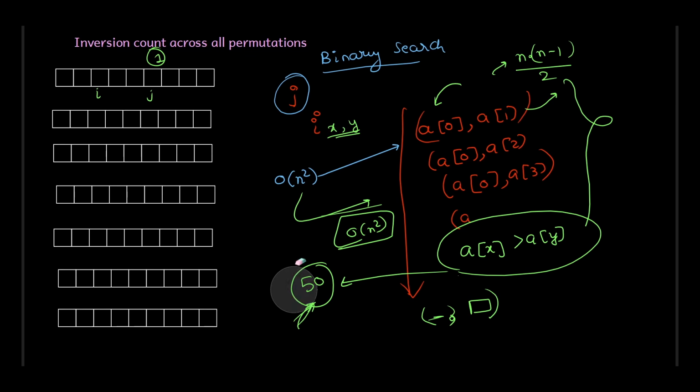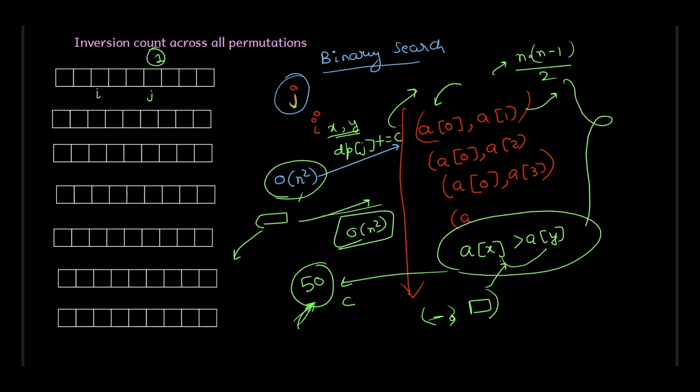So if you do this pre-computation, that is, you compute all the pairs, and then for each pair you find out how many pairs have the first element strictly greater than the second element, and if that count is c, then the contribution of dp of j would be simply dp of j plus equal to c, where c is the number of pairs in which the first element of the pair is strictly greater than the second element of the pair.